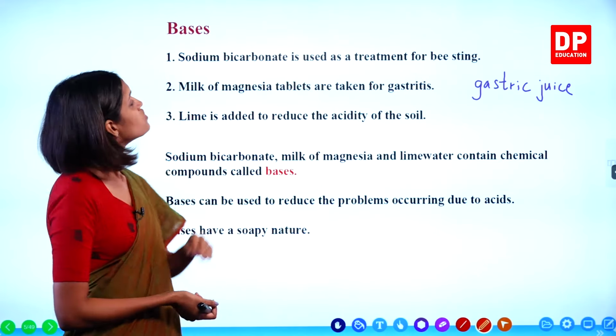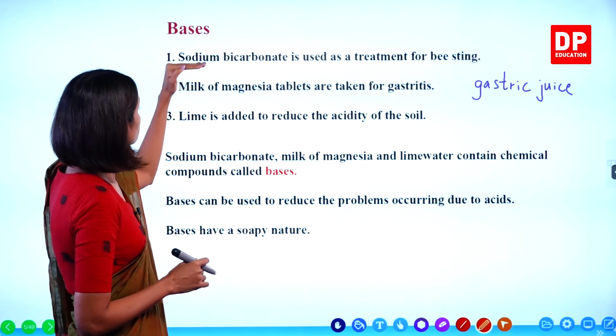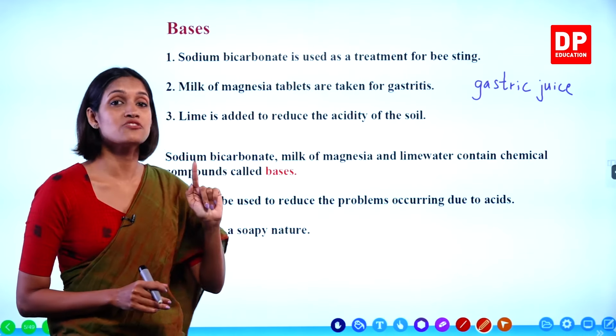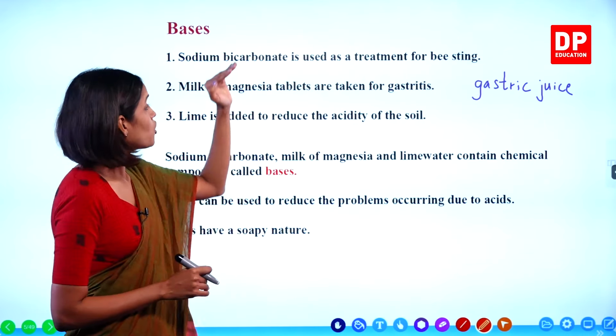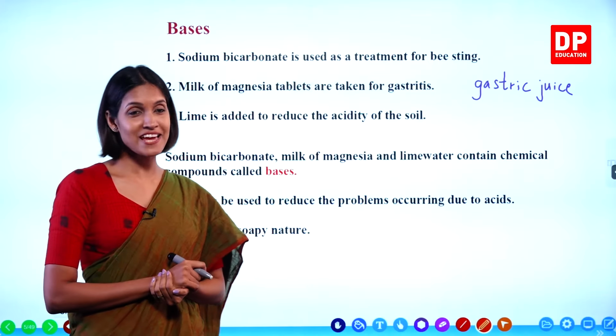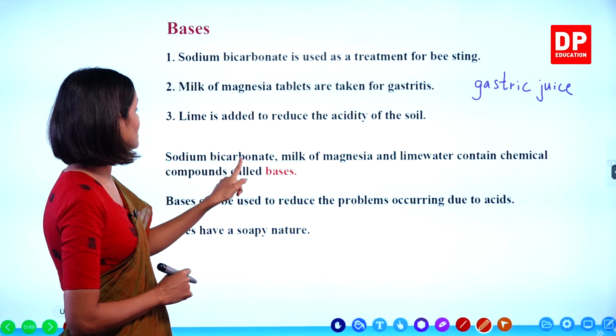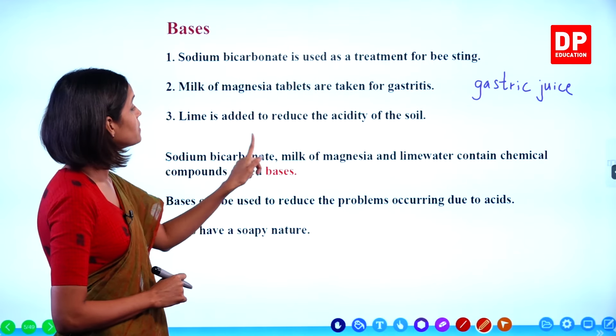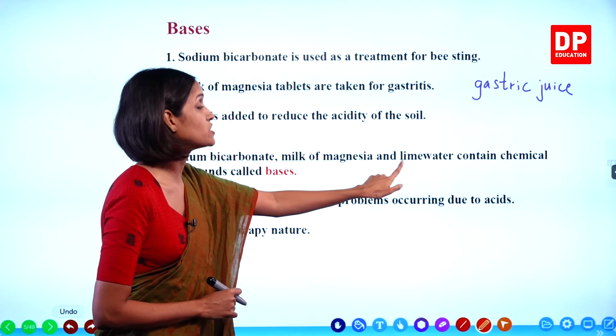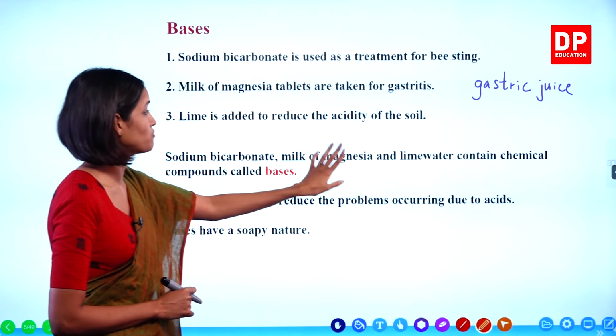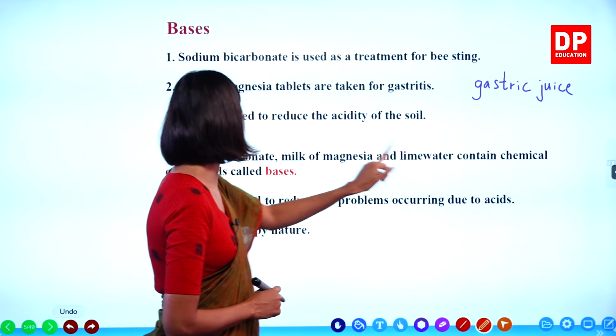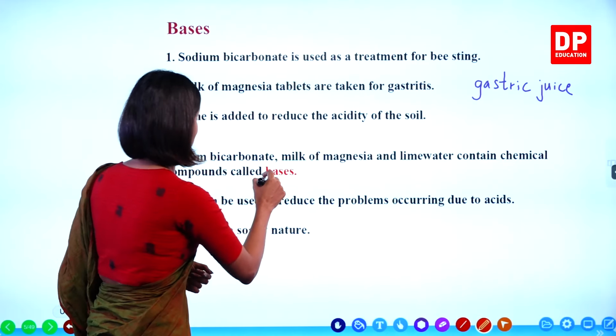So these are 3 instances that we use bases in our day-to-day lives. When you go through these 3 instances, it's very clear. The problems that arise due to acids can be controlled or minimized by using bases. Understand, children? So sodium bicarbonate or baking soda, milk of magnesia and lime water contain chemical compounds called bases.